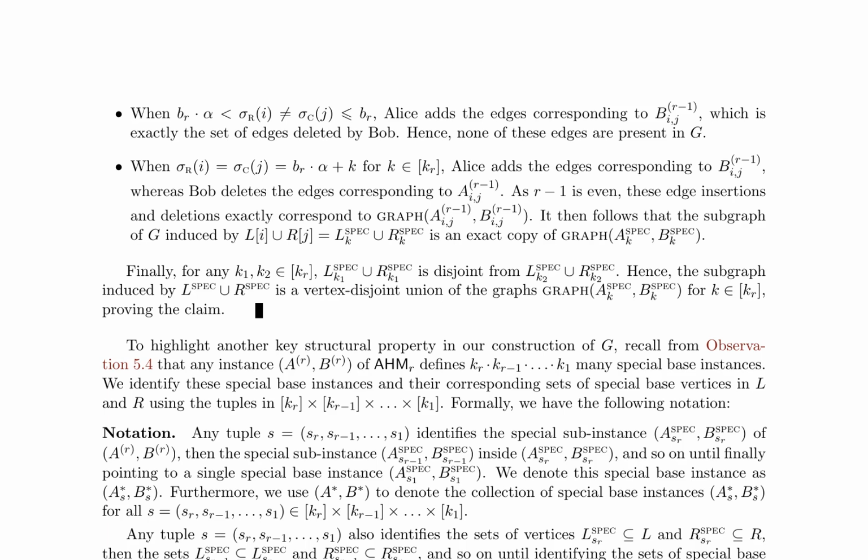The authors prove Corollary 5.21, which states that the subgraph of G induced by the special base vertices L** union R** is a vertex disjoint union of big graphs.